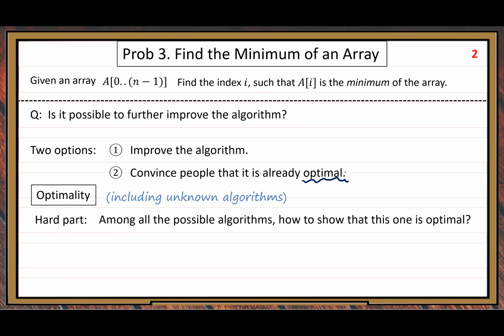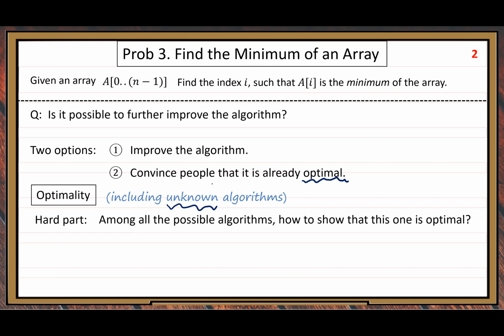Especially those algorithms including unknown algorithms. Unknown, because there are many algorithms that have not been developed.